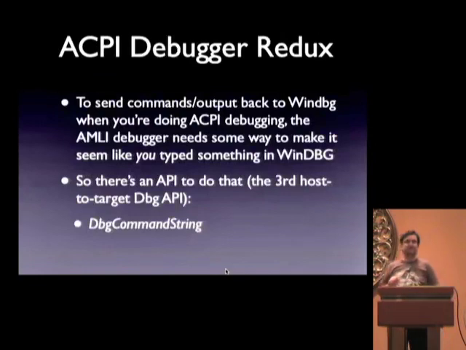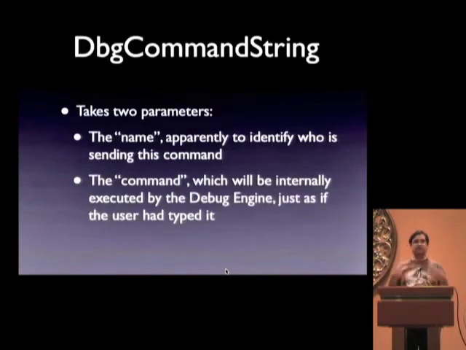So why is that relevant? Well, it turns out that the ACPI debugger needs a way to send data back to you and sometimes even send some commands back to you. Like let's say you're telling the ACPI debugger to dump some ACPI object, well, it'll send you back a command that it'll execute on your behalf to dump that object. So Microsoft has an API that lets you do that: DebugCommandString.